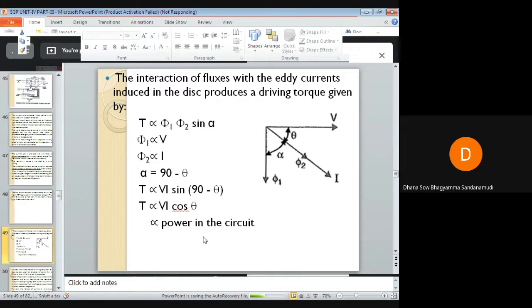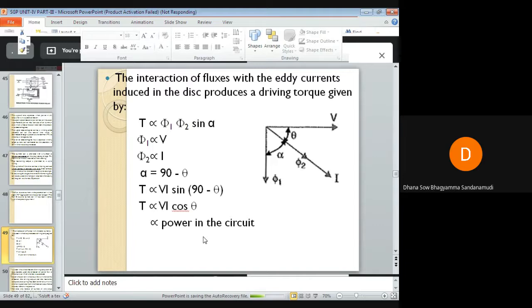When the power in the circuit flows in the normal direction, this operating torque and the restraining torque due to the spring help each other to keep the moving contact away from the fixed contact, and hence the relay will not operate.